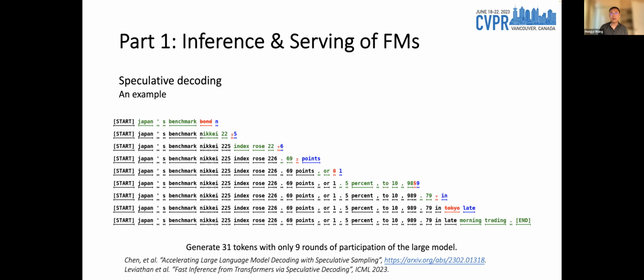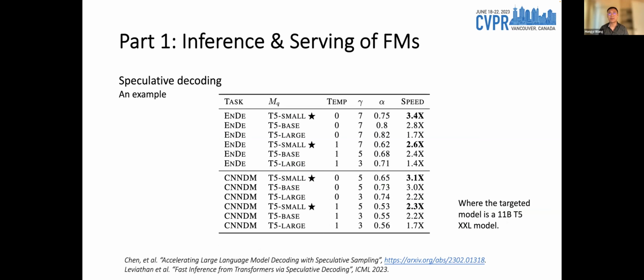That means for most of the time we just use the smaller model to finish the generation, and use the large language model a few times to check the computation. That turns out to save a lot of computation in practice.